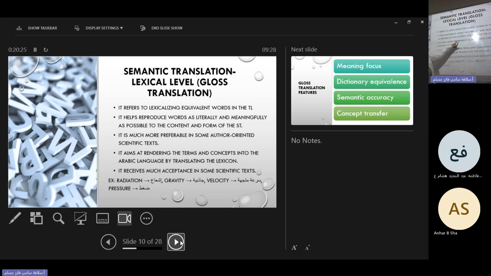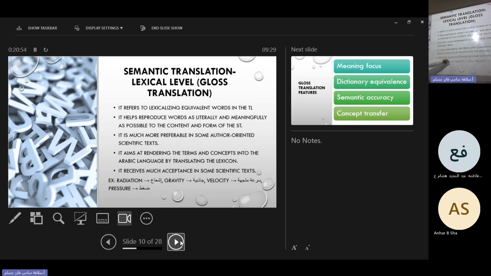It is much more preferable in some author-oriented scientific texts. What did we say about author-oriented? The target is the author, the source text, not the target text or the target audience. It aims at rendering the terms and concepts into the Arabic language by translating the lexicon. Lexicon is lexis, the word.